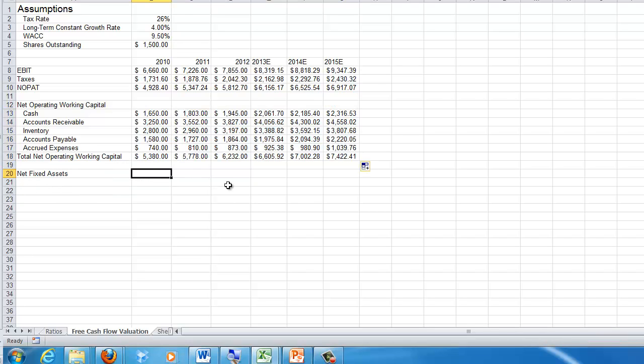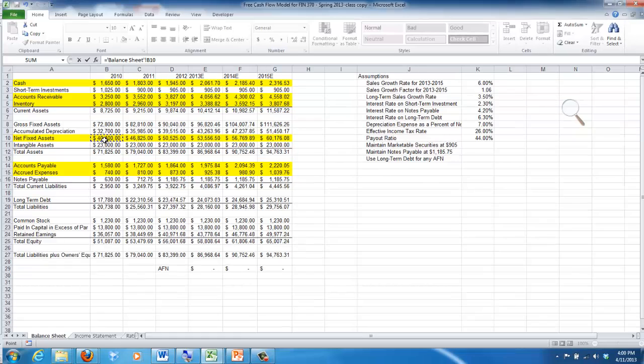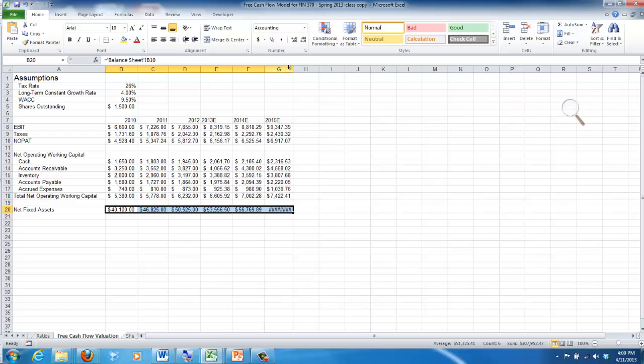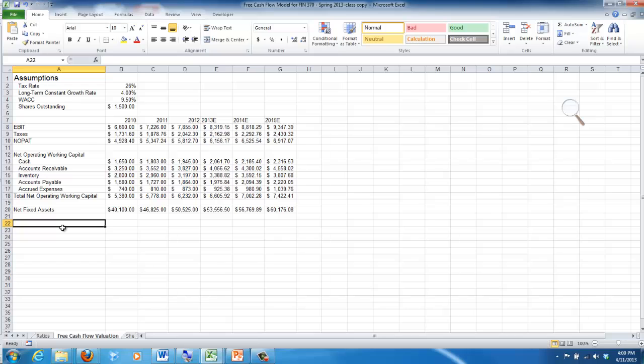Then our net fixed assets for 2010 were equal to $40,100. We'll just pull those across. Make that a little bit larger. So our next step is to determine the total net operating capital.